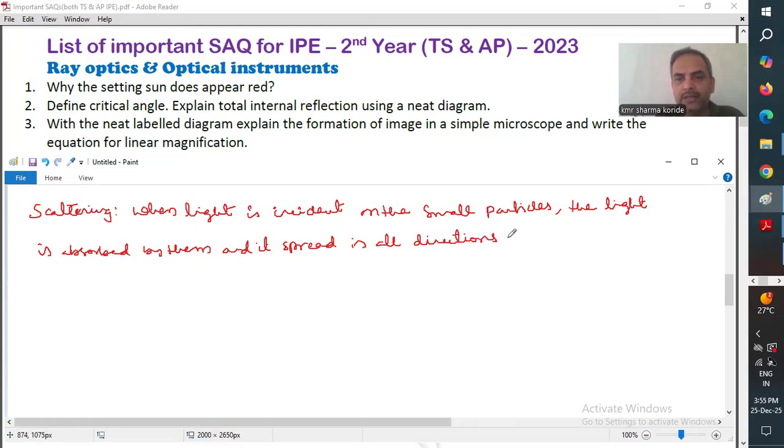So this phenomenon is called scattering.